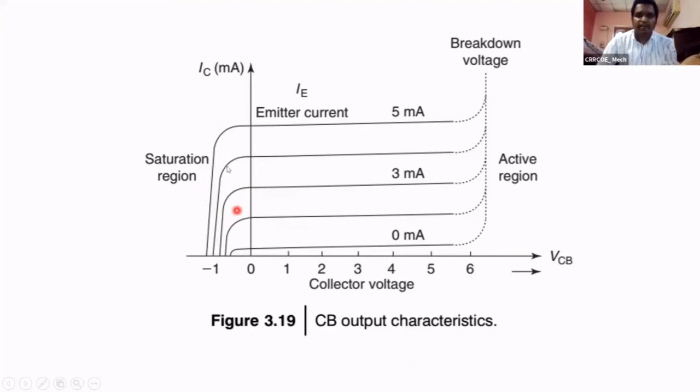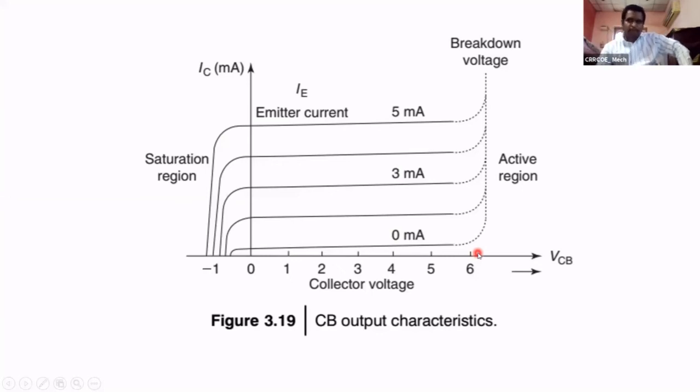This region is the active region. Here IC is 0 milliamperes, collector current is 0. Below this line, this region is called cutoff region.